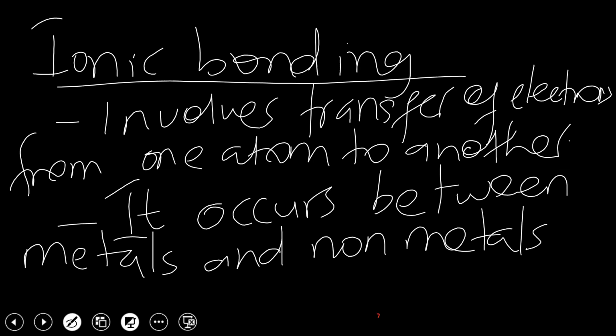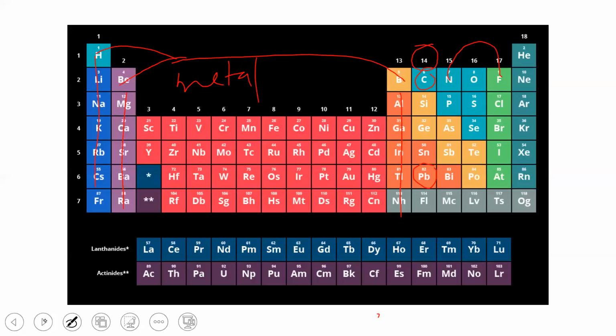Ionic bonding occurs between metals and non-metals, and involves the transfer of electrons from one atom to another. The metals are these here: group 1, group 2, then group 3. The non-metals start from group 5 up to group 7.